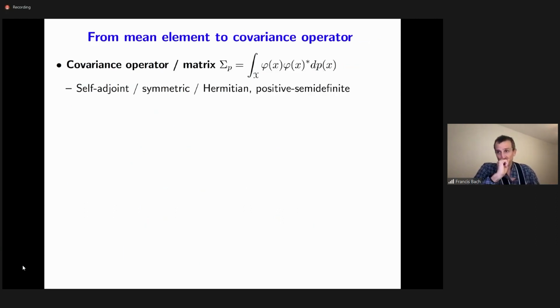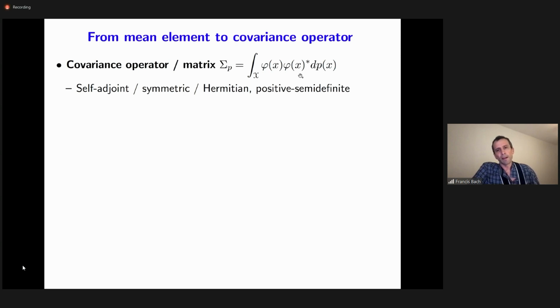The summary of what I'm going to talk about is on those two slides, or maybe one. The idea is to go one level up, so not consider only moments of phi, but expectations of phi times phi transpose.